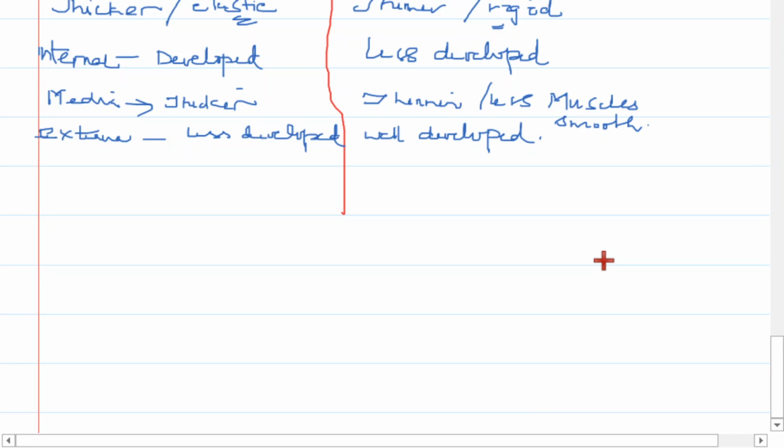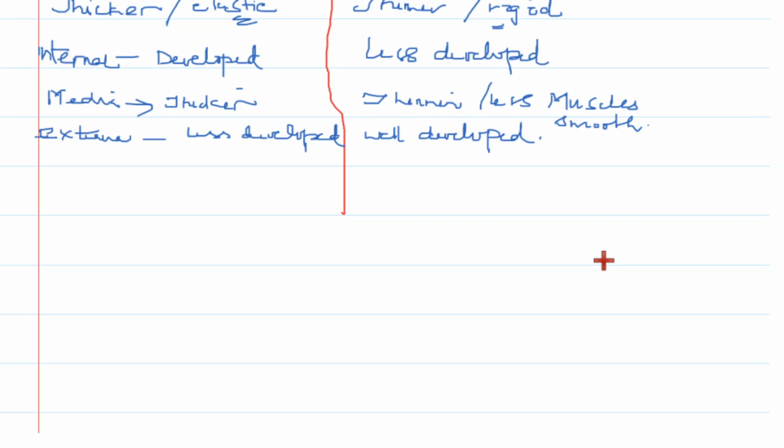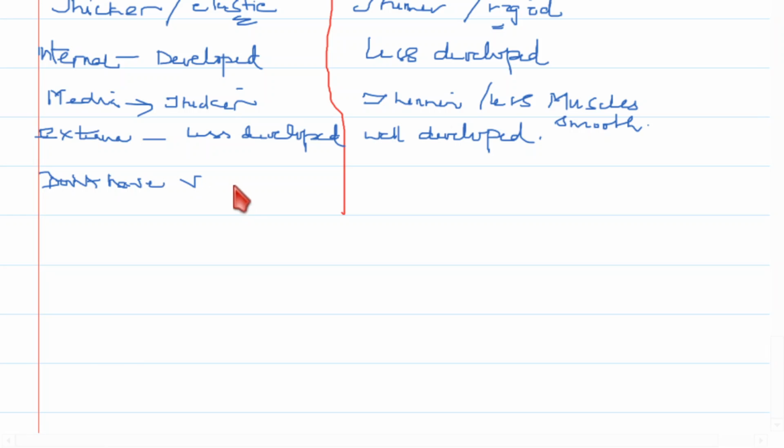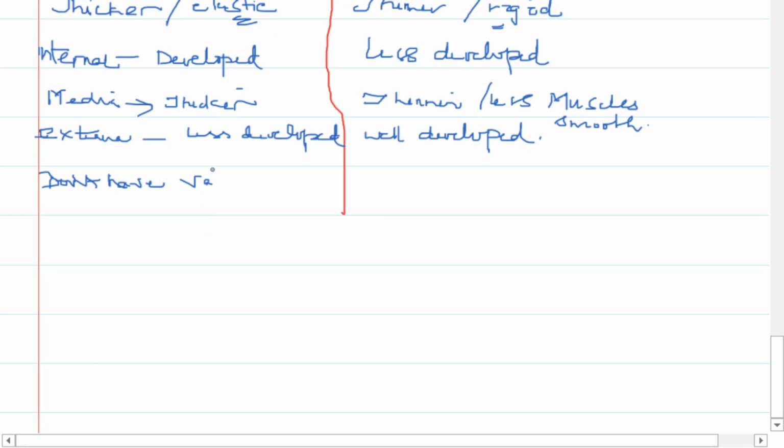Okay, then comes the valves. What vessels don't have valves? The arteries don't have valves. And the veins do have valves, so that blood doesn't flow downwards due to gravity.